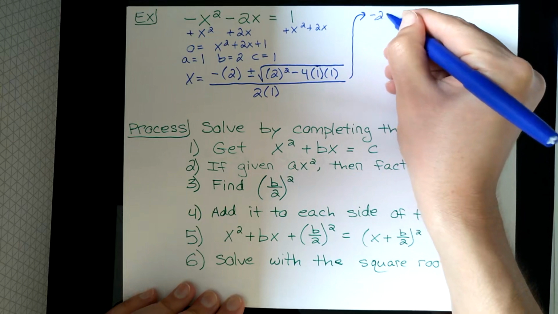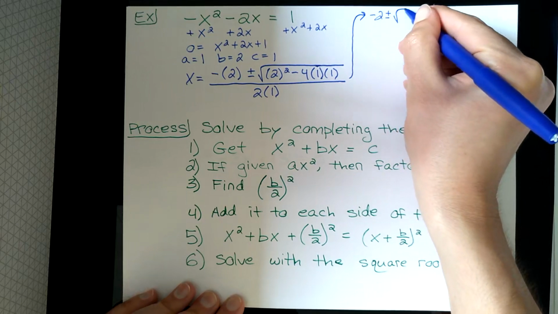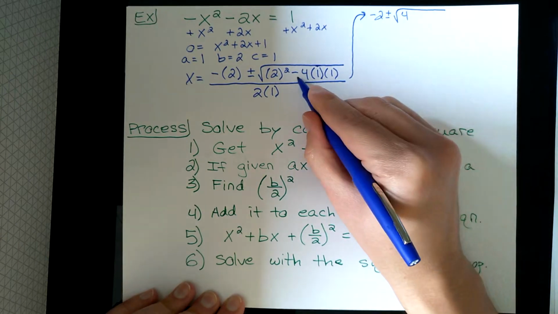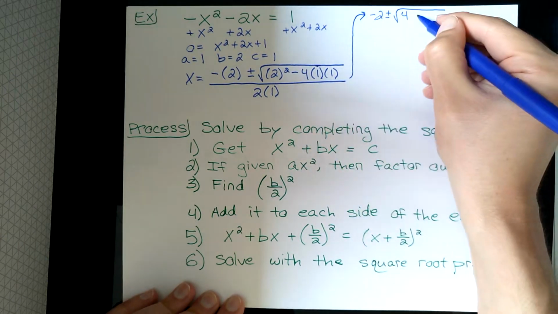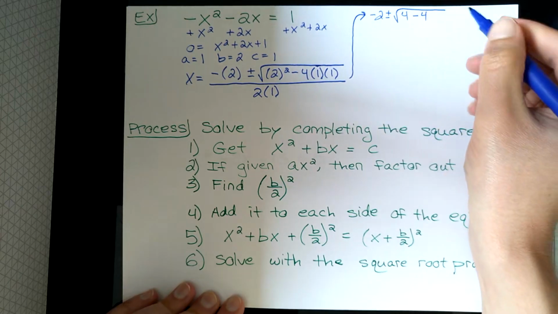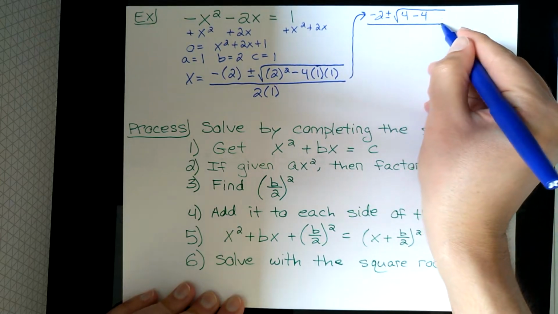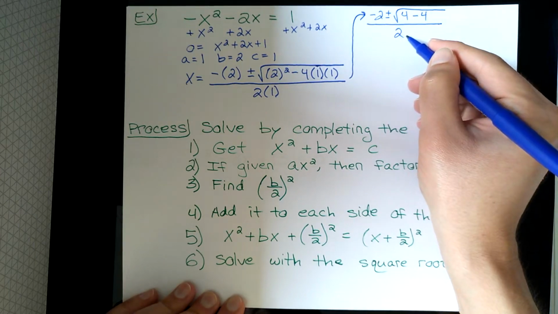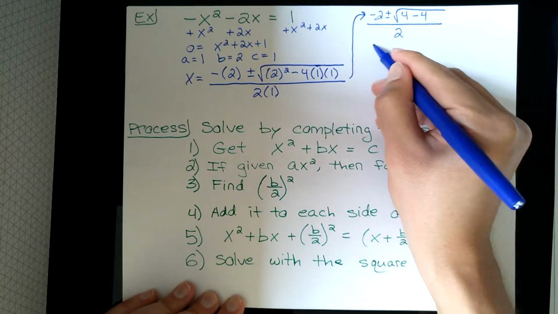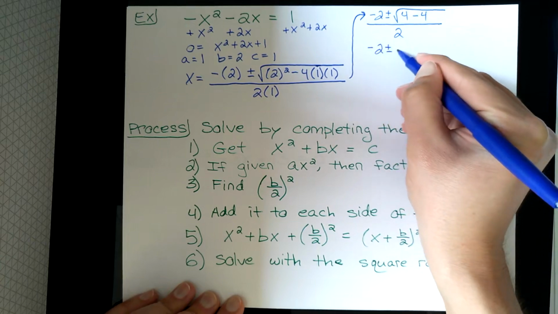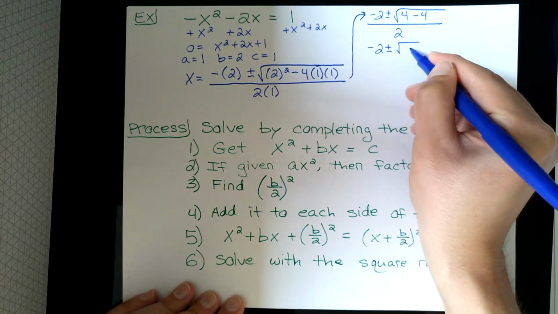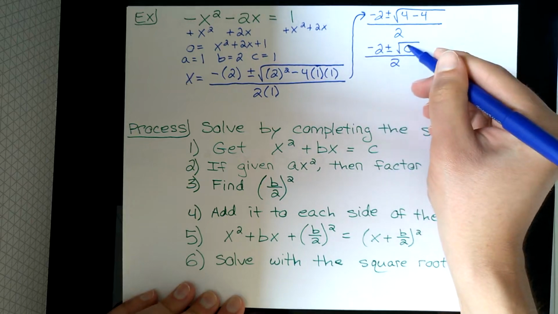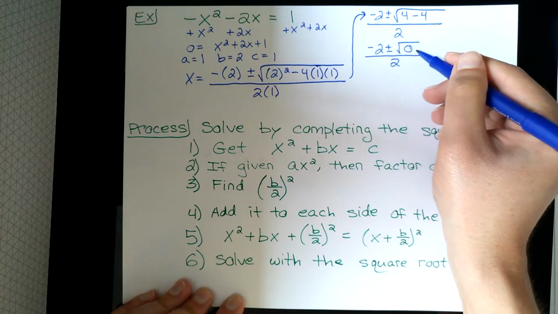We have -2 plus or minus the square root of 2 squared is 4, minus 4 times 1 is just -4, all over 2 times 1 is 2. Simplifying this, we get negative 2 plus or minus the square root of 4 minus 4 is 0, all over 2. And the square root of 0 is just 0.